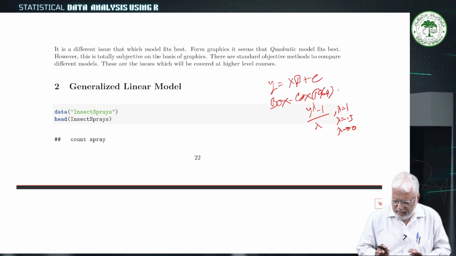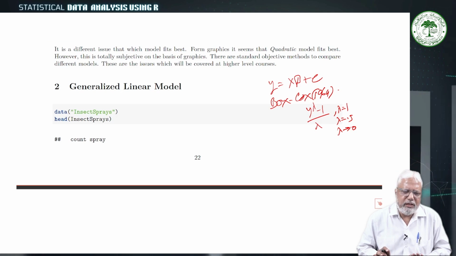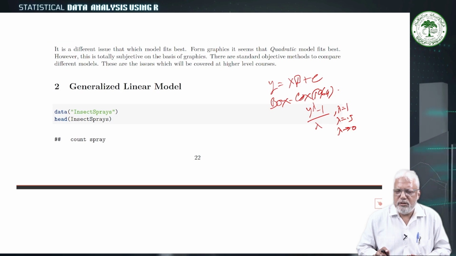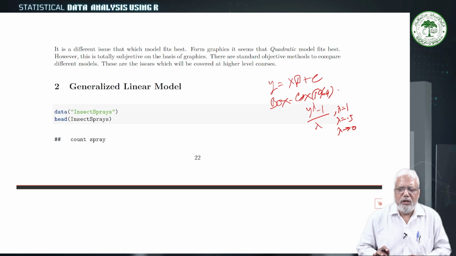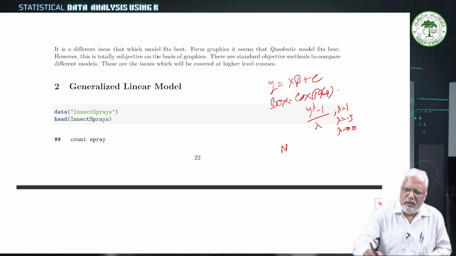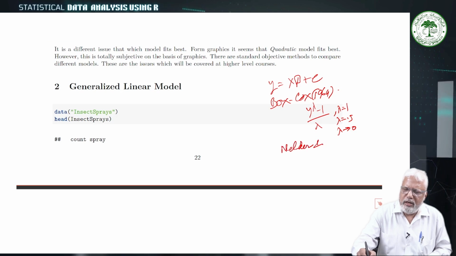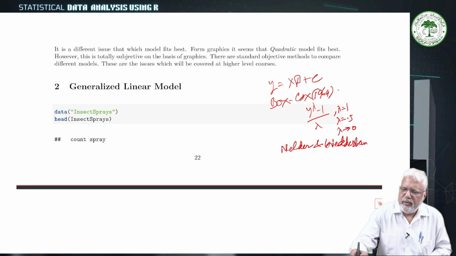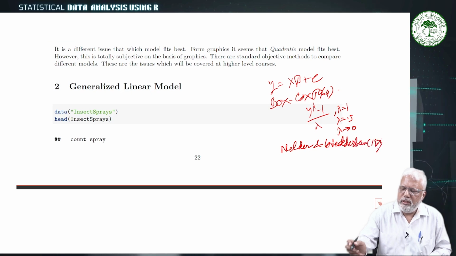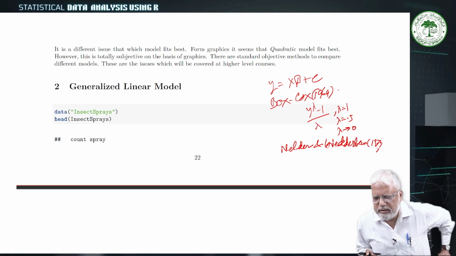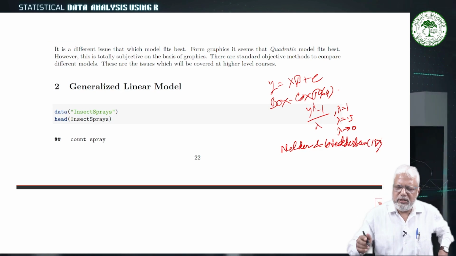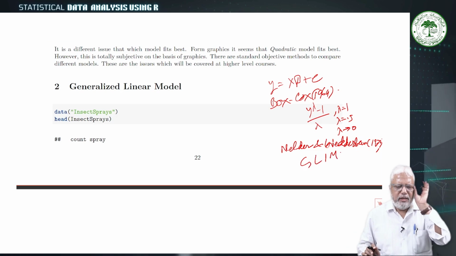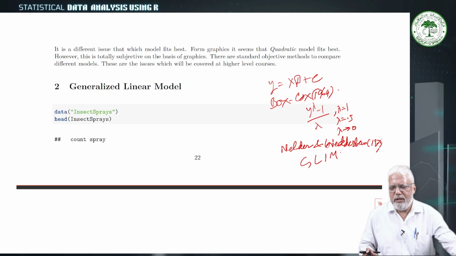But still, no transformation satisfies all the needs, and moreover, transformation of the response creates a problem in interpretation. So Nelder and Wedderburn in 1972 presented a paper in the Royal Statistical Society, and they gave the concept of GLIM, the generalized linear model. This is a generalization of linear models.